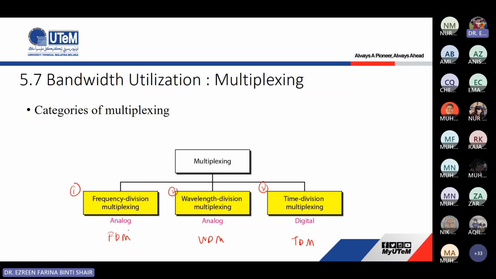Please take note that FDM and WDM are analog multiplexing. The third one, time division multiplexing, is the digital part. Now let's look at them one by one: what is FDM, WDM, and also the TDM?